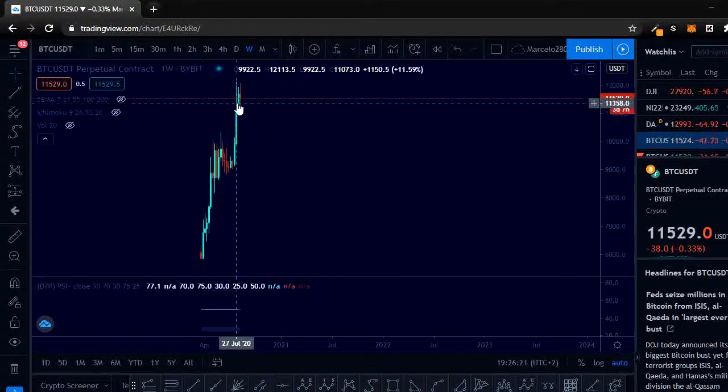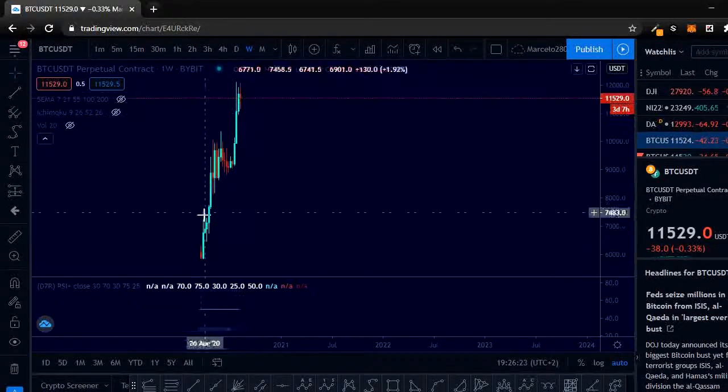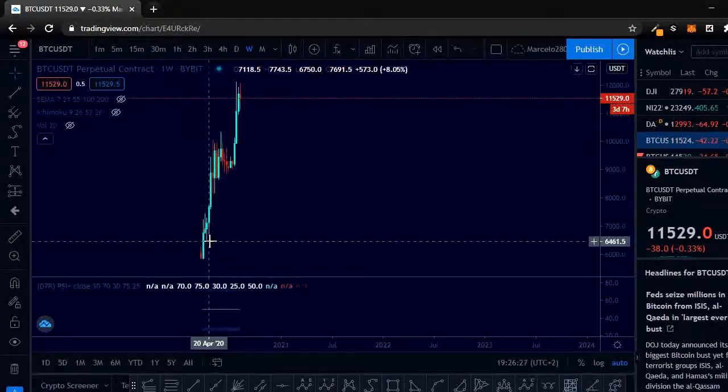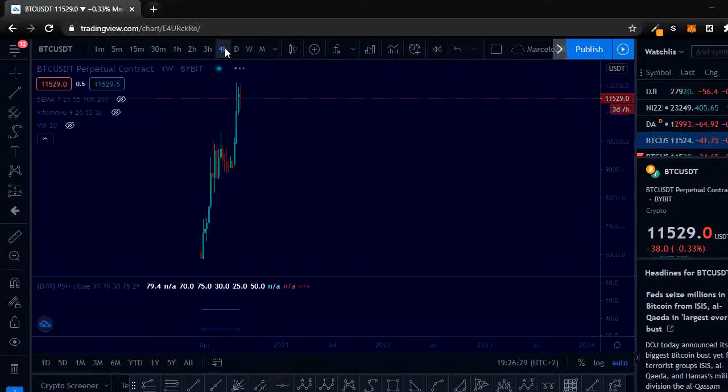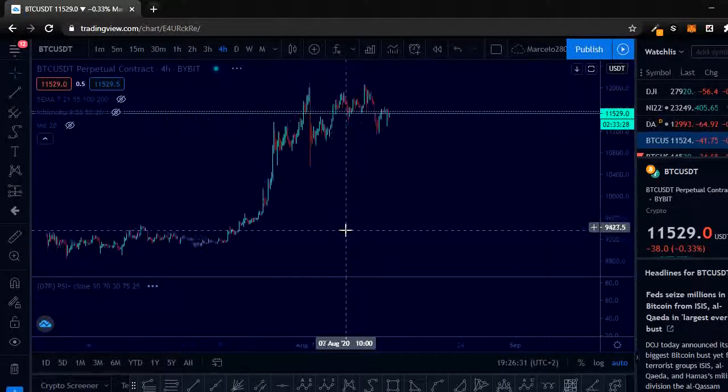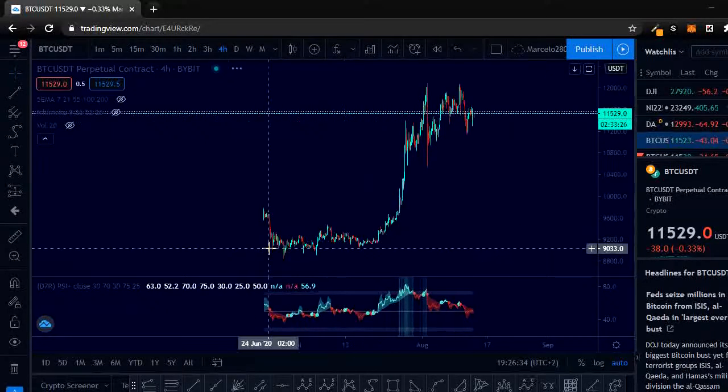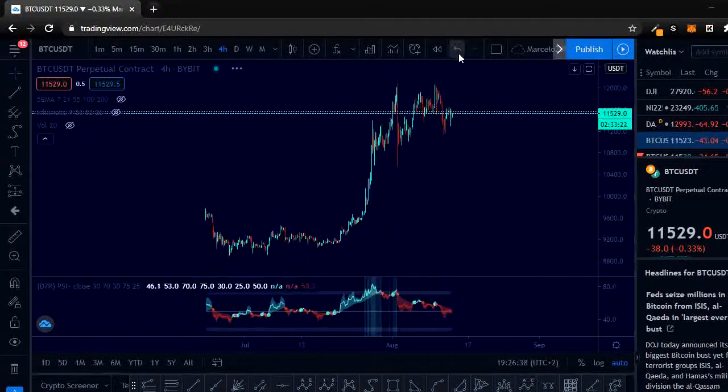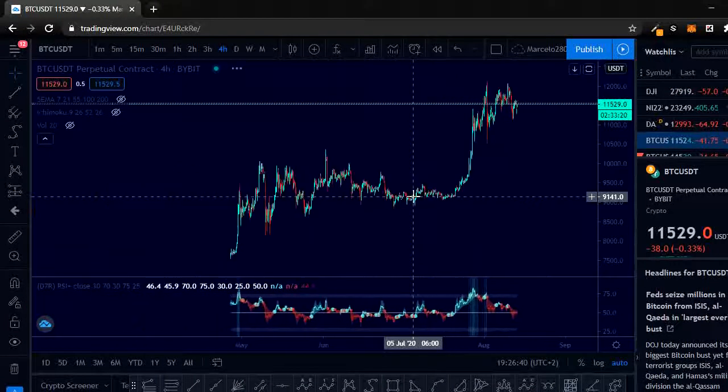If you look at BTC USDT on Bybit, you can see Bitcoin has been on a general uptrend. Okay, let me go back to the 4 hours. Usually that's the first thing you should do when looking at a coin. Look at what kind of trend it is.